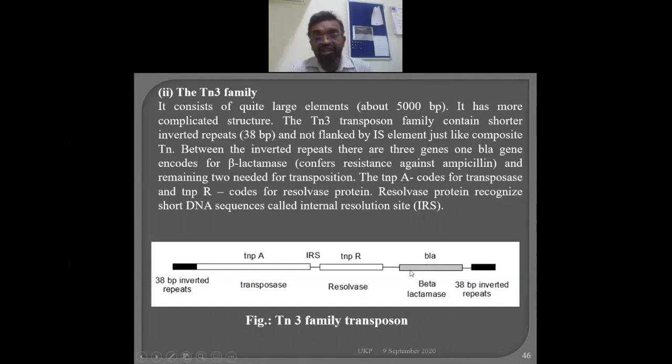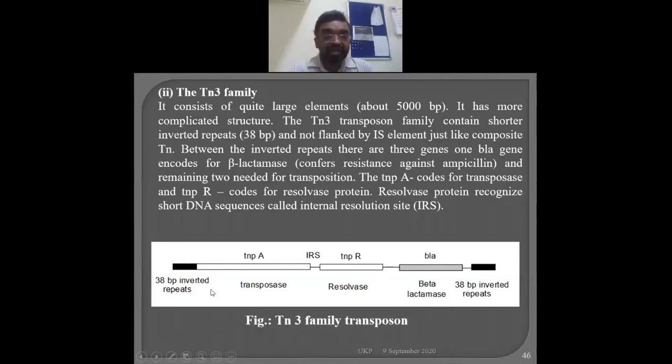Here the three genes are there, along with several locations. I have shown the double line structure as a gene, and the single line structure as a site or location, a binding site for these different proteins. But actually, everything is double stranded DNA, just for the sake of convenience.